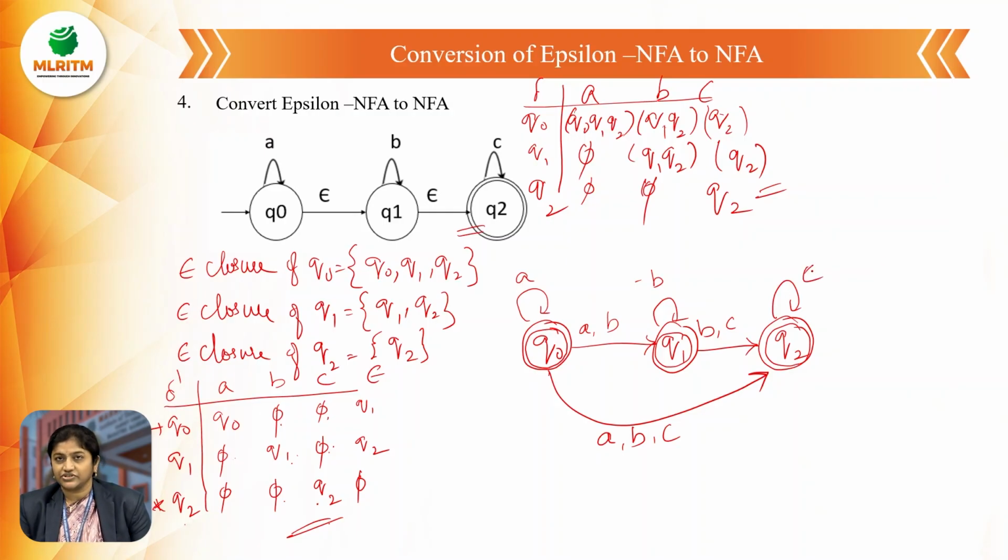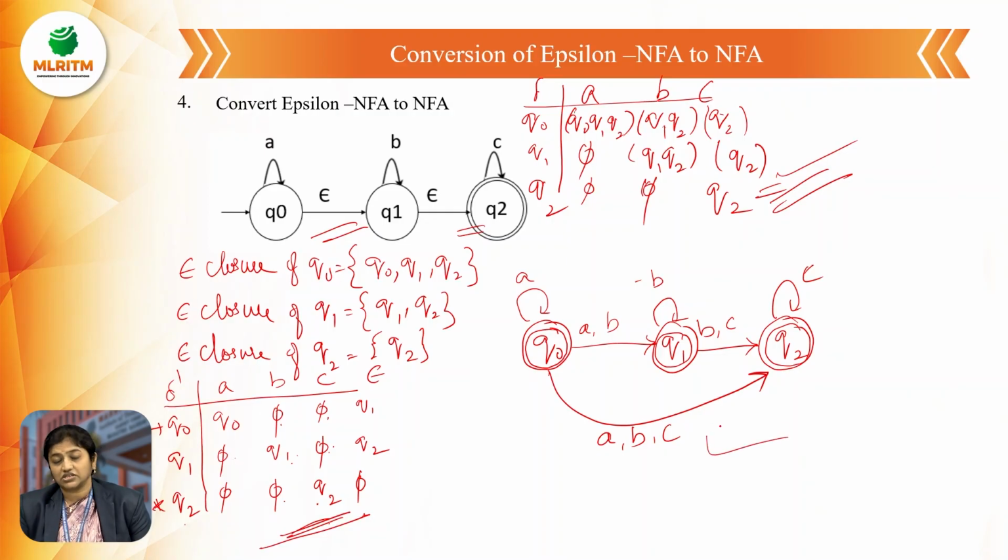So this is the transition diagram without an epsilon symbol. The earlier table was with an epsilon symbol. We are converting this epsilon NFA into a normal NFA. So this table is without an epsilon symbol and this diagram is also without an epsilon. Now check whether this is a DFA or NFA.